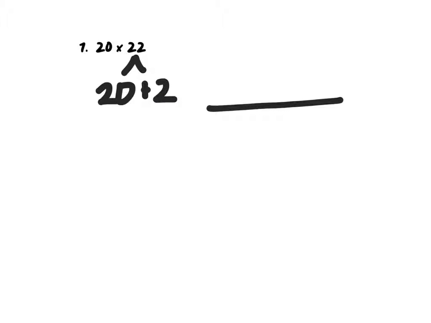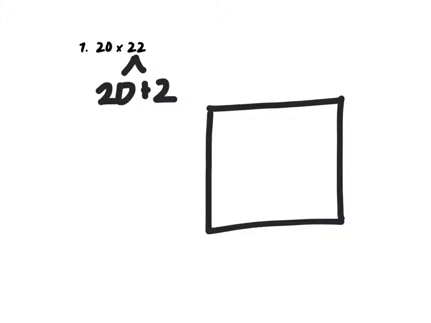We will draw a square like so. And then on the top half right here, we will write 20 plus 2.